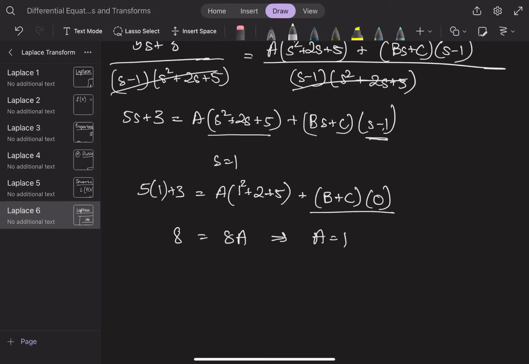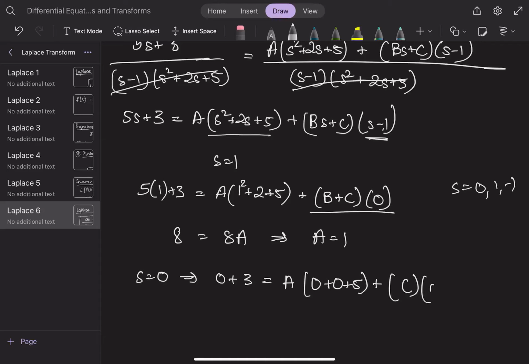Now guys, when you cannot cancel a term directly, the easiest thing to do is to take s as 0, 1, minus 1. So let's do that. Let's put s as 0. So you get 0 plus 3 is equal to a into (0 plus 0 plus 5) plus (b into 0 plus c) into (0 minus 1).